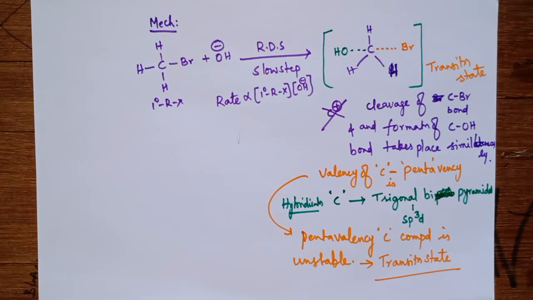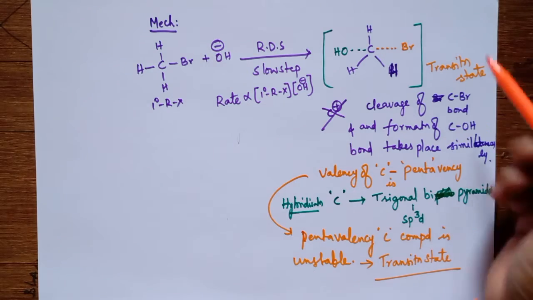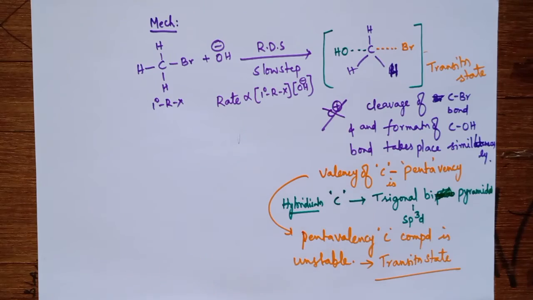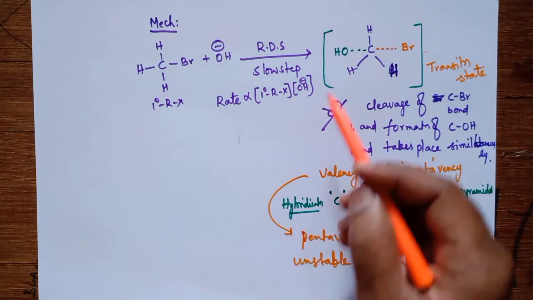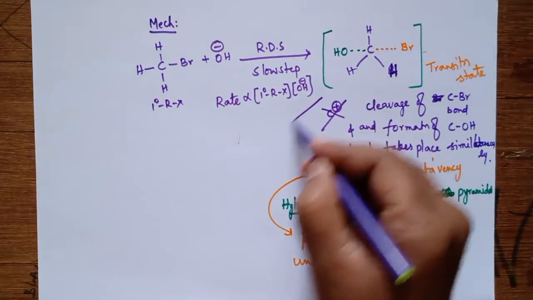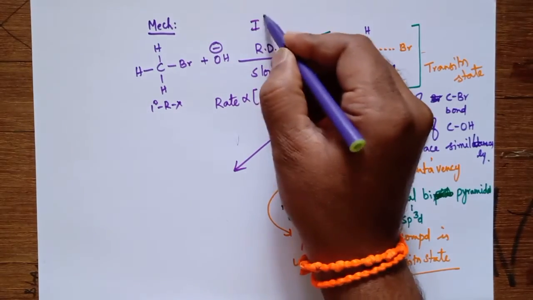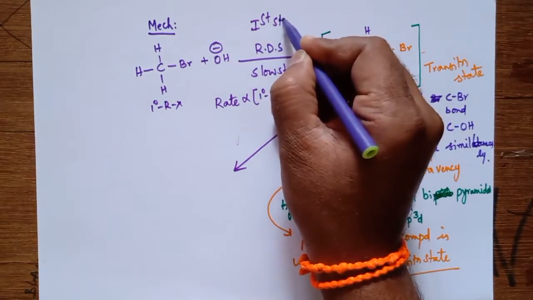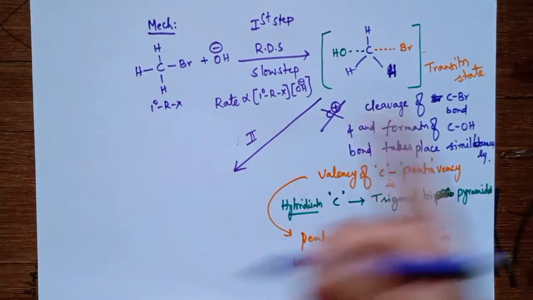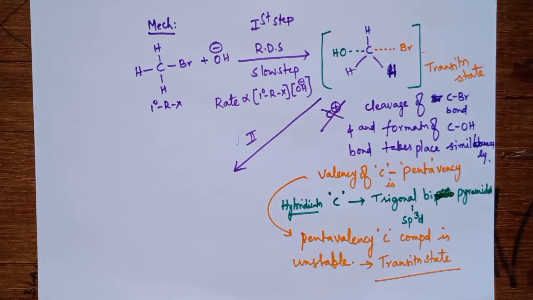So due to the space problem, I am not writing here, I am writing in this direction, so do not be confused. This is the first step, and this one is the second step. Both steps take place in only one reaction, right?